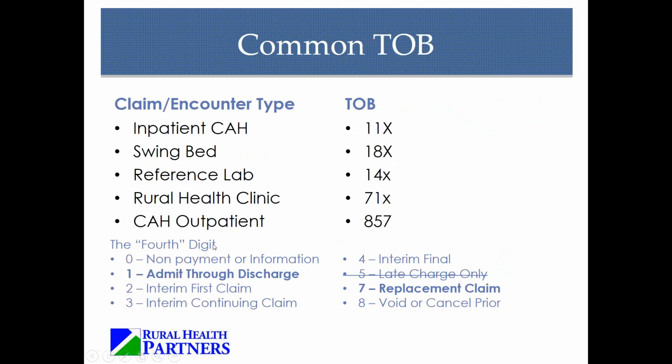So you'll hear folks talk about type of bill a lot. That's another thing that's explained in really great detail in the UB editor. What we've done here is just given you a summary. And the reason we have types of bills is because you have PPS hospitals like New York General, right?